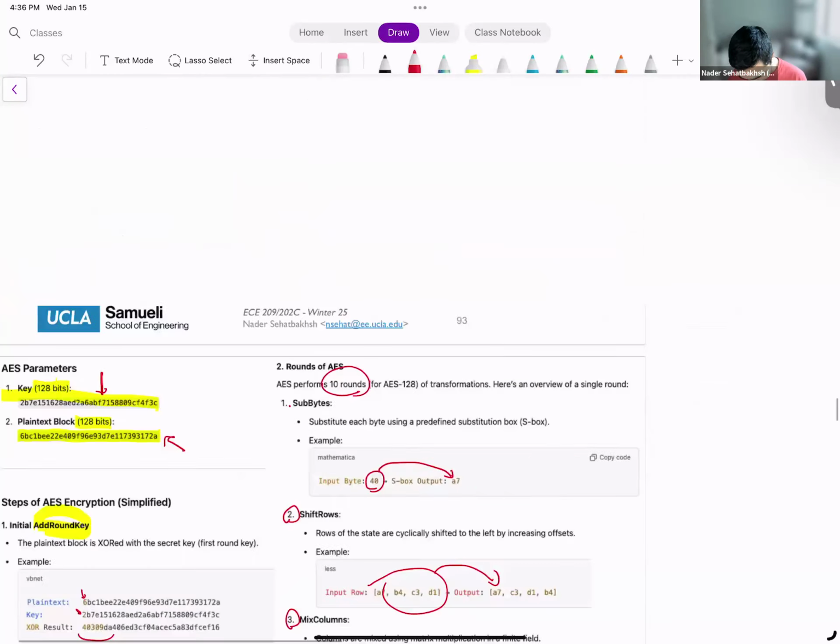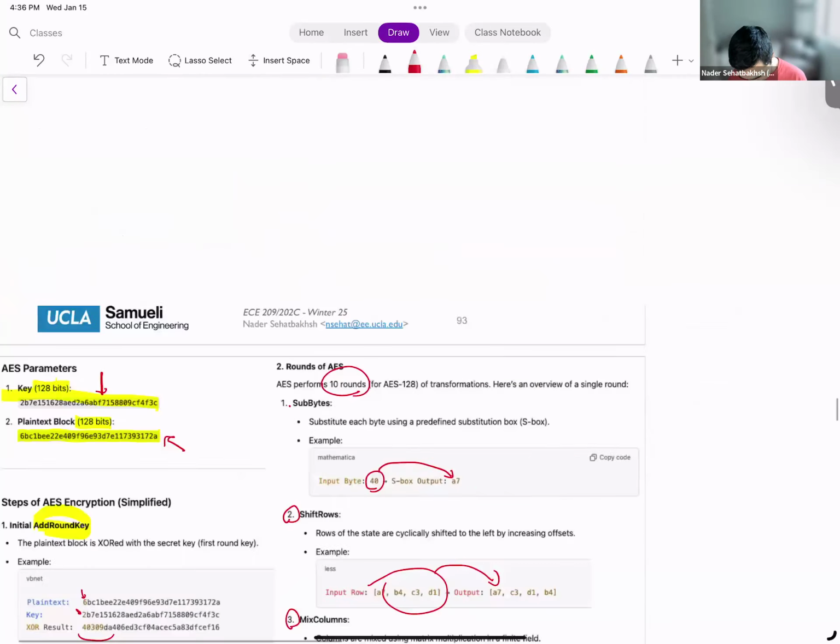The difference between symmetric and asymmetric is that in asymmetric encryption, you use different keys for encryption and decryption. Okay. In symmetric, you use the exact same key. For example, if I look at my AES counter mode, you will see that this key here and this key here are the same values.